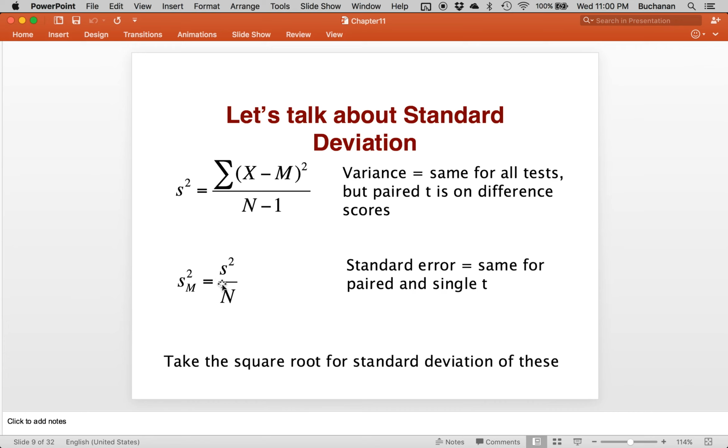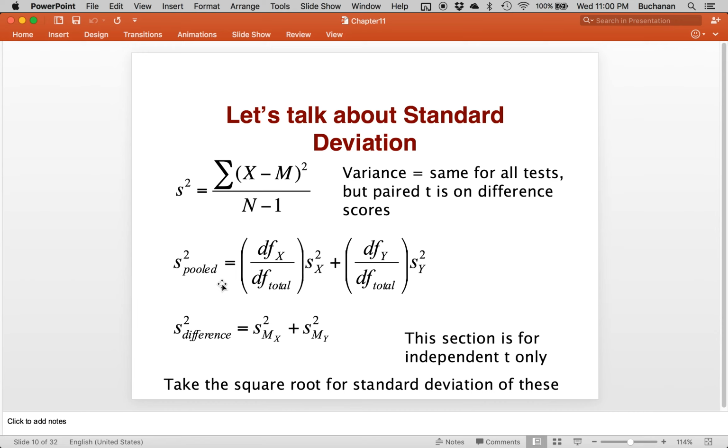Okay. Now for independent t, we're going to add some extra pieces. And while this formula looks really scary, don't be scared. What's really going on is I'm taking variance here and sticking it in here. This degrees of freedom x is n minus 1 for group 1. This df total is n minus 1 for group 1 plus n minus 1 for group 2.